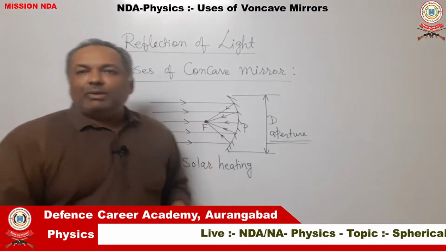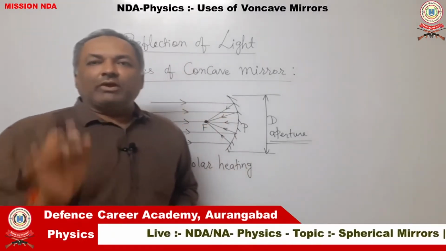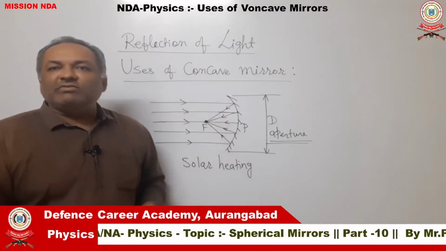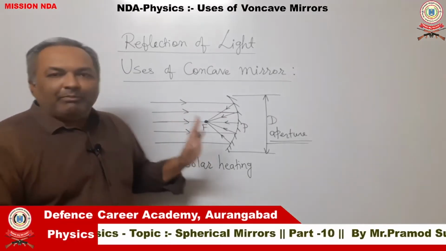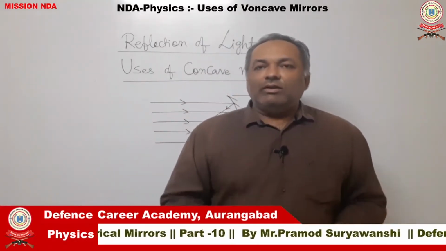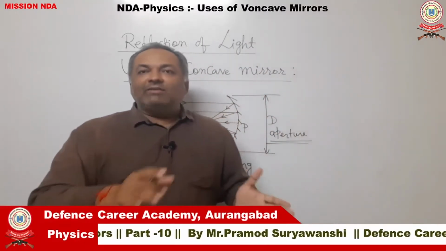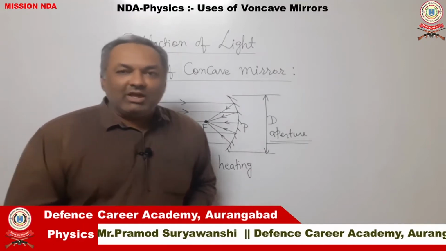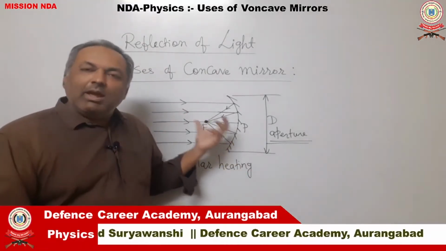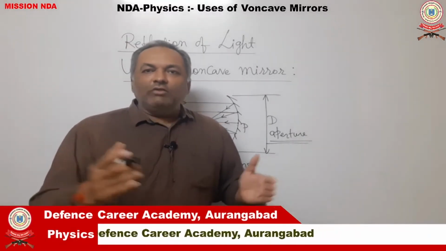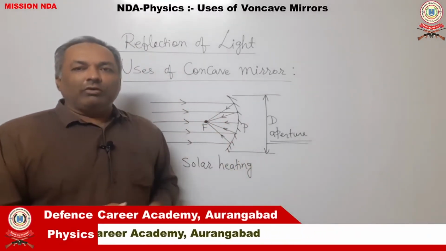That is why whatever we place at the focus should be considerably smaller in size, or should we say as small as possible. As a result, the obstruction will be minimum, and so you will end up gathering the maximum number of rays of light and concentrating all of them at the focus.